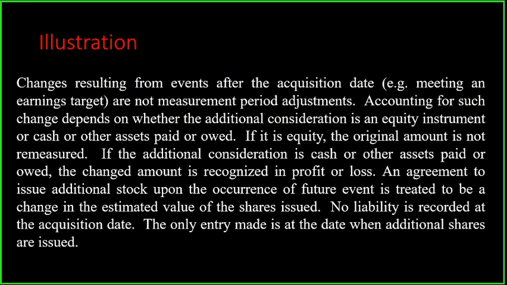Some notes for you to remember. Changes resulting from events after the acquisition date are not measurement period adjustments. Why? Kasi after. Accounting for such change depends on whether the additional consideration is an equity instrument or cash or other assets paid or owed.